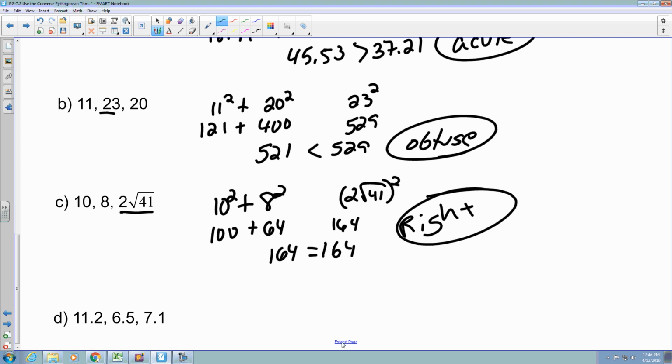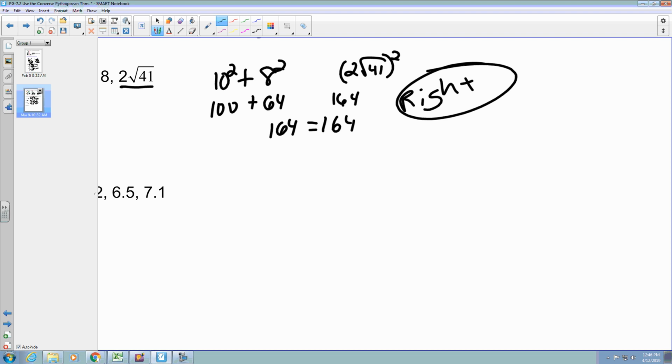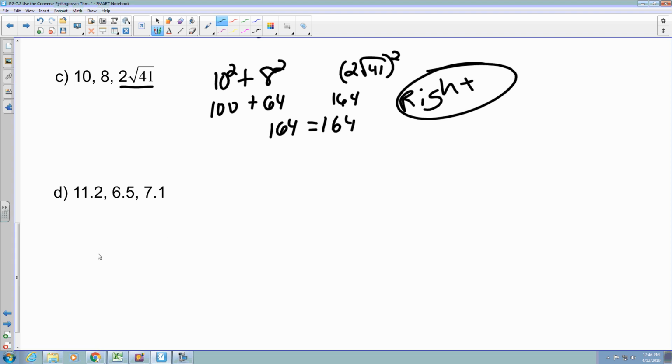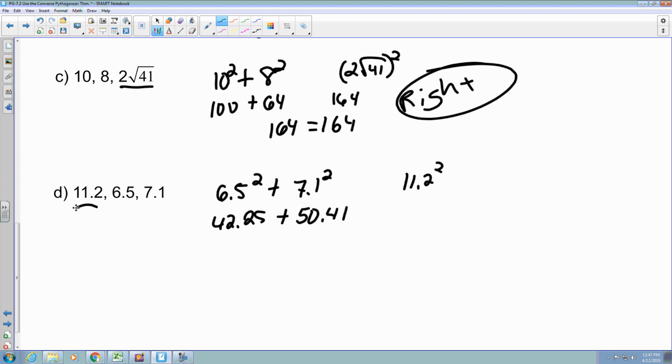And then last example here, we have 11.2, 6.5, and 7.1. 11.2 is my largest value. So I say 6.5 squared plus 7.1 squared, and I've got the 11.2 squared. 6.5 squared gives me 42.25, plus 7.1 squared is equal to 50.41.